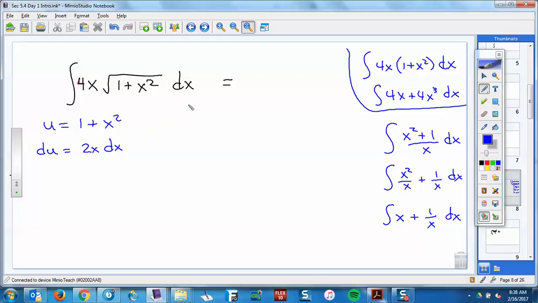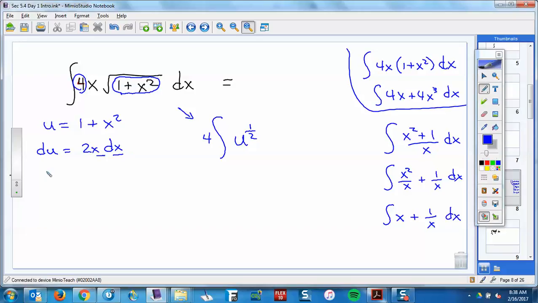So now we go to where we want to do our substitution. Let me do some circling. That's going to be u to the 1/2. Then I've got this 2 and this 4. The 4 I'll just pull out here in front, so that takes care of the 4. Now I've got this x dx right here.